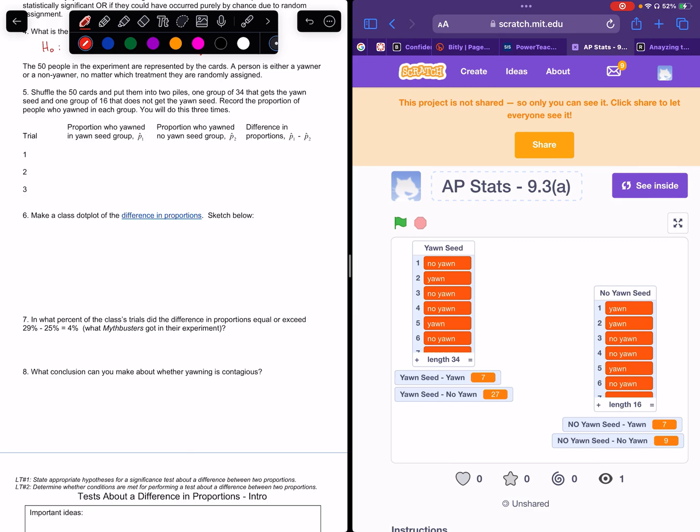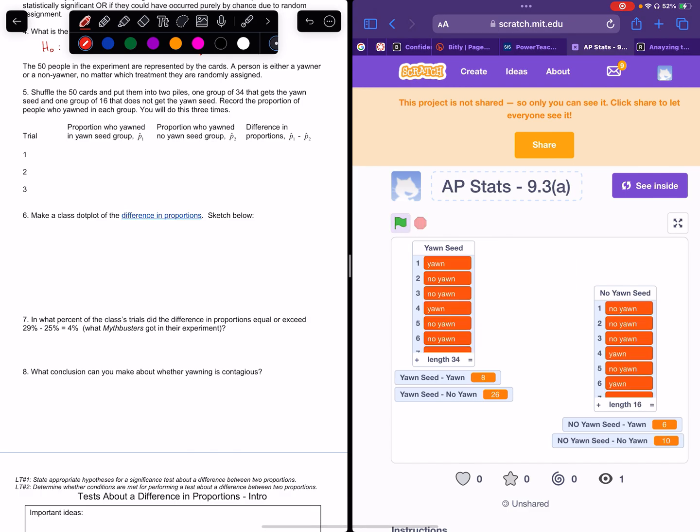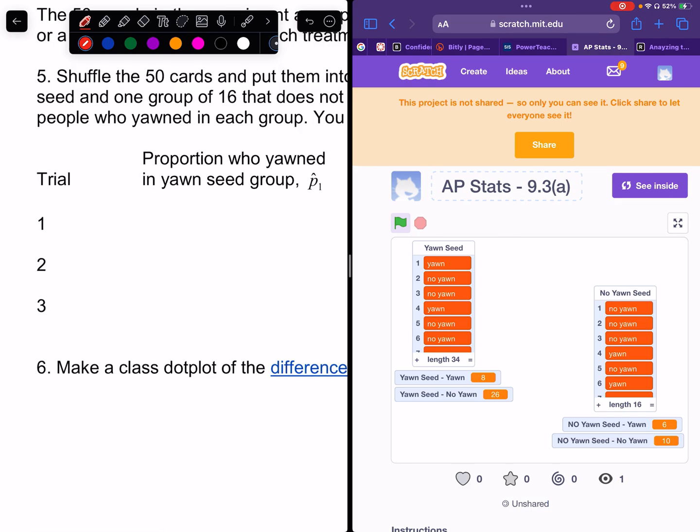Excuse me. So to make this work, if you want to try it yourself, all you have to do is click the green flag. It'll show you there's my 50 cards list. They get randomly assigned. And so we can see that the people who yawned in the yawn seed group was 8 out of 34.